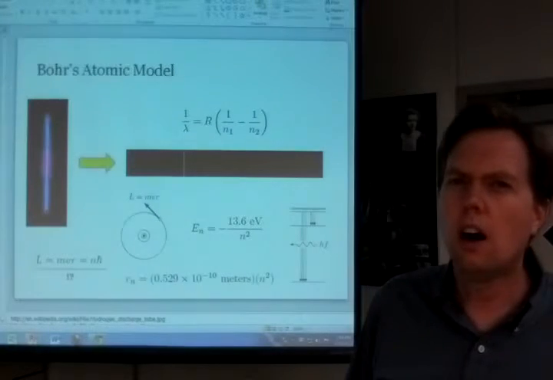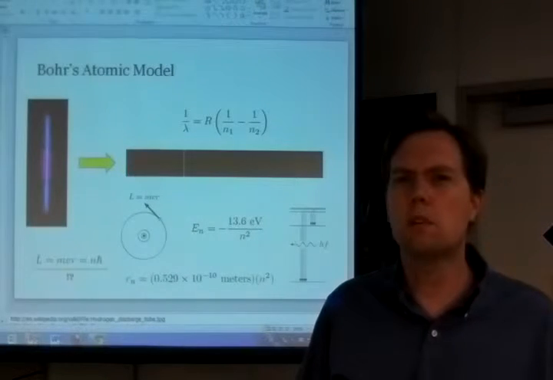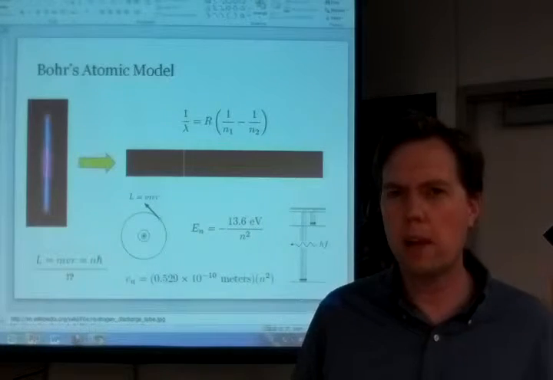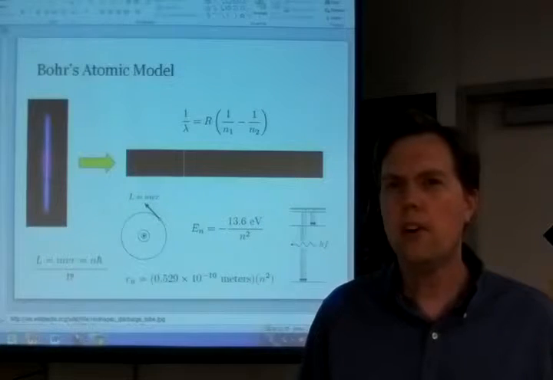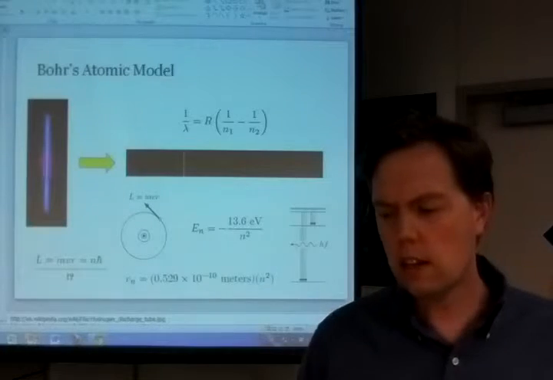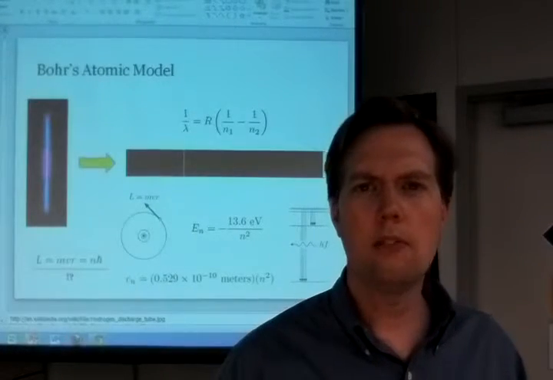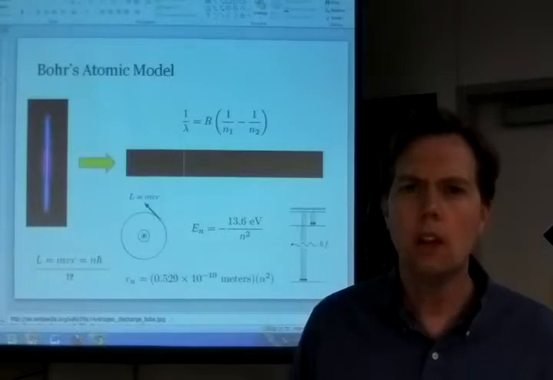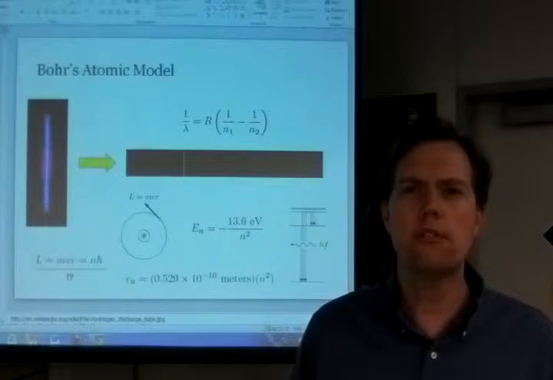Now this is a little odd. You would expect something to be more spread out, like a black body spectrum. And the fact that we've got these spikes is telling us something very important. It's telling us that the energy that's radiated from the atom only radiates at certain frequencies.